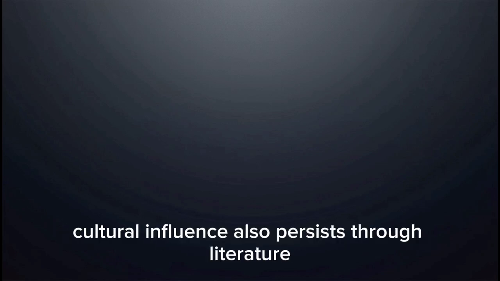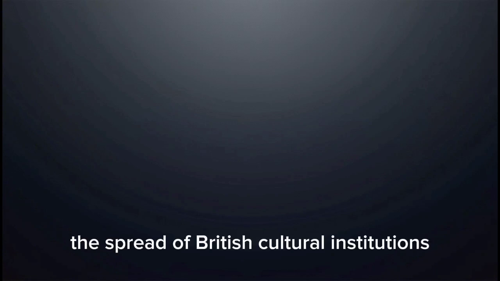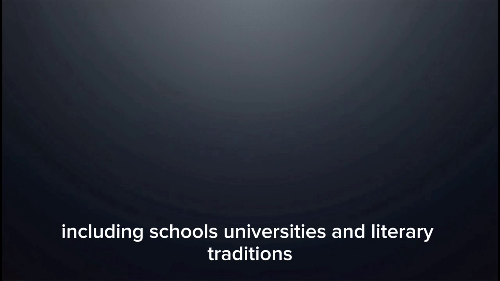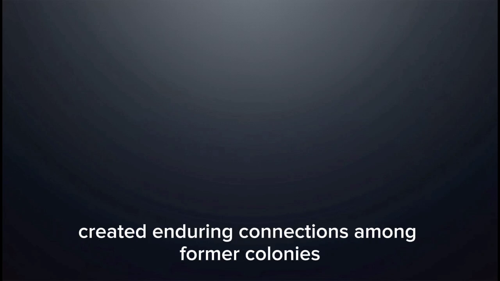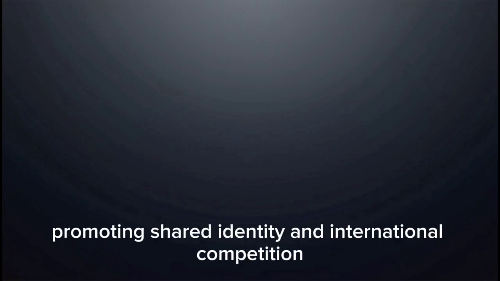Cultural influence also persists through literature, education, media, and social norms. The spread of British cultural institutions, including schools, universities, and literary traditions, created enduring connections among former colonies. Sports such as cricket and football became important cultural linkages, promoting shared identity and international competition.